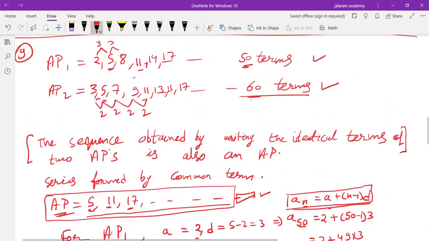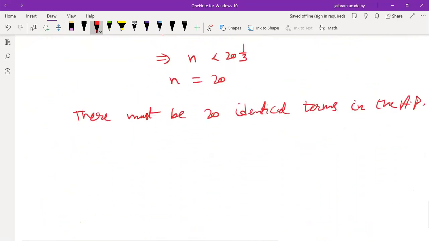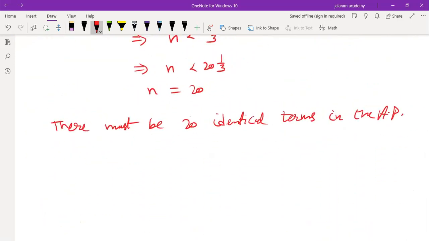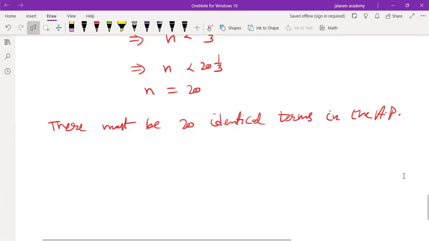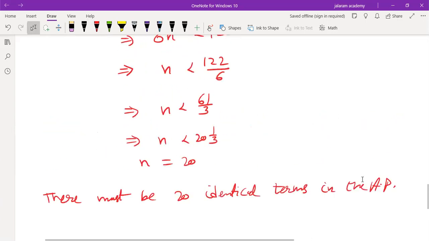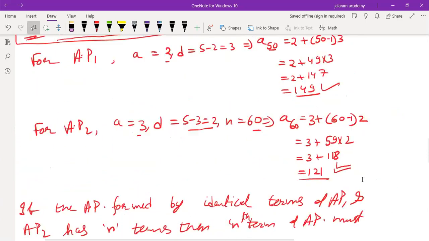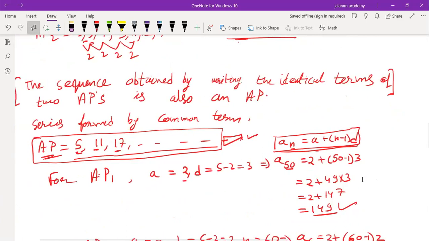So we have used the property that if we write all the common terms of two corresponding APs, the series formed by the common terms will also be an AP, to conclude that there must be 20 identical terms in AP. Hope you all must have understood this. Otherwise, I am going to discuss it again.